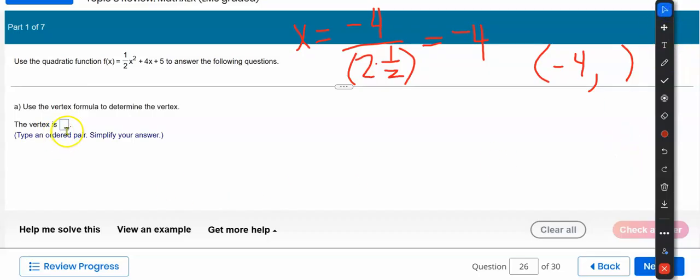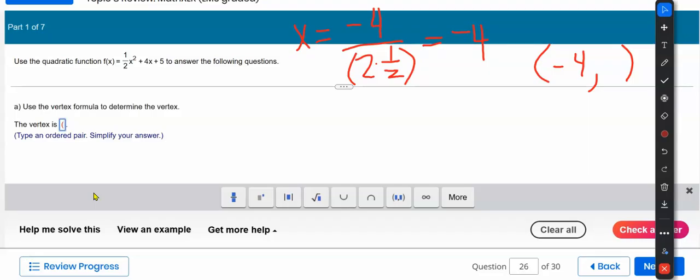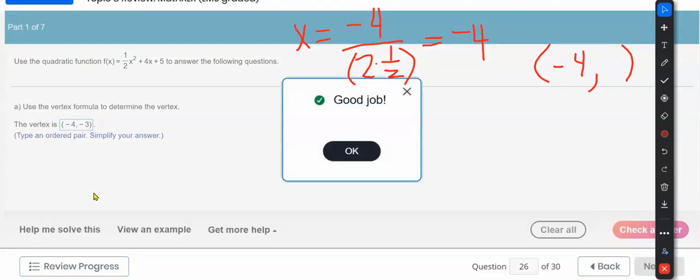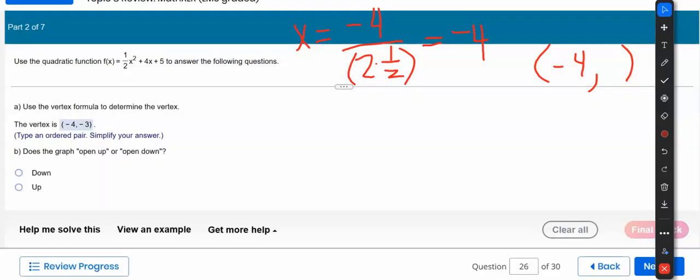Now you figure out the y value. -3. That is correct, -3. Yep, you're just plugging that value in.